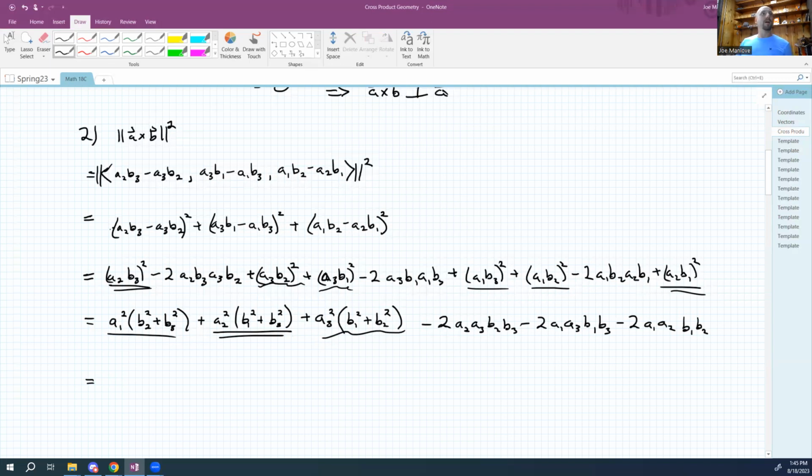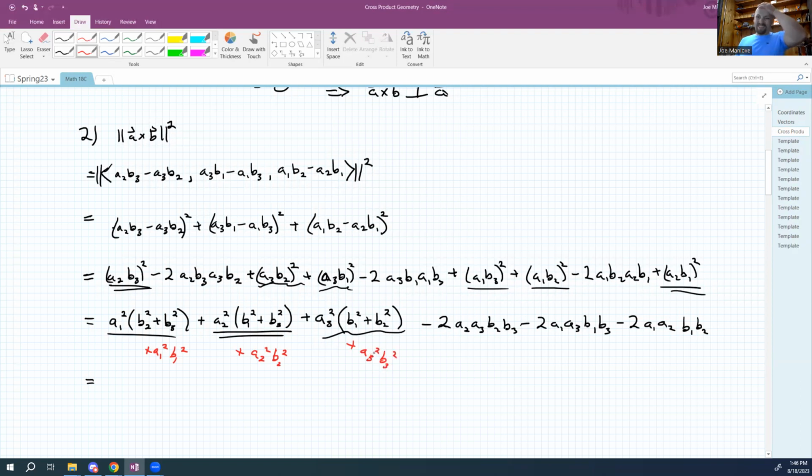So to each of these, I'm going to add A1 squared times B1 squared to this one, A2 squared times B2 squared to this one, and A3 squared times B3 squared to this one.